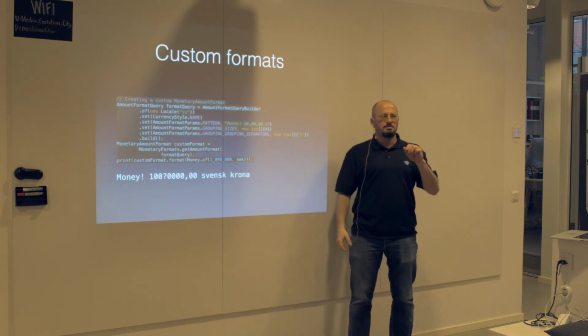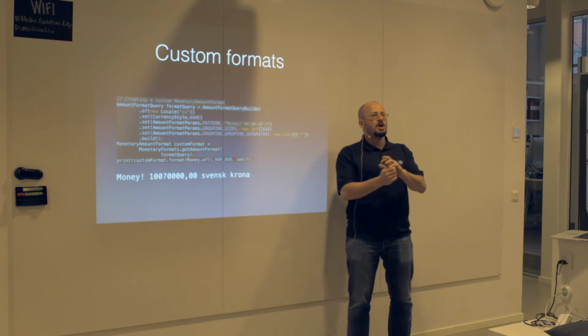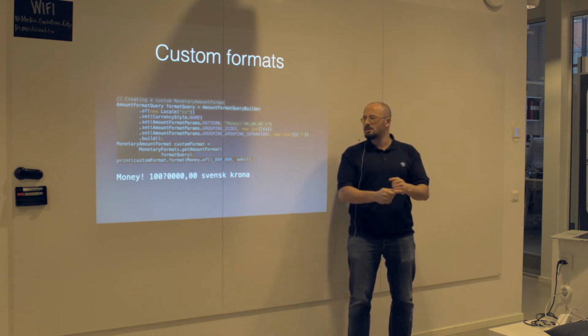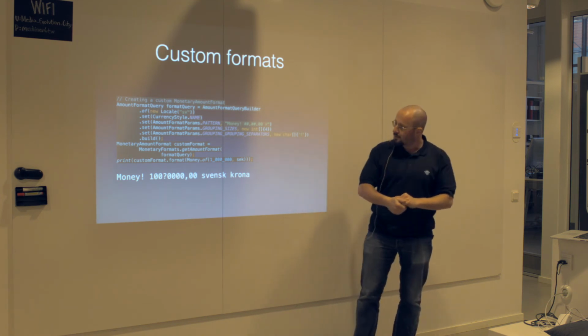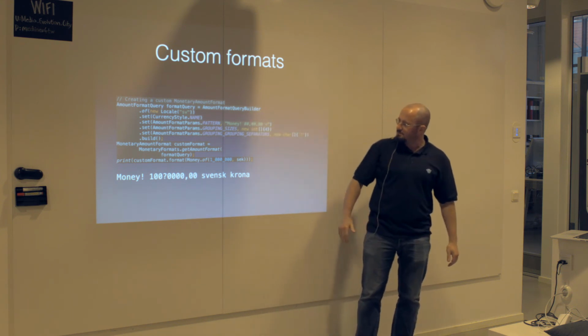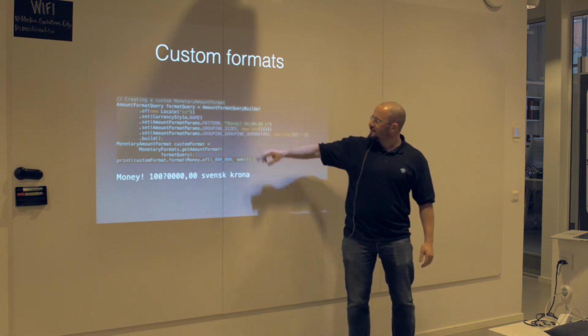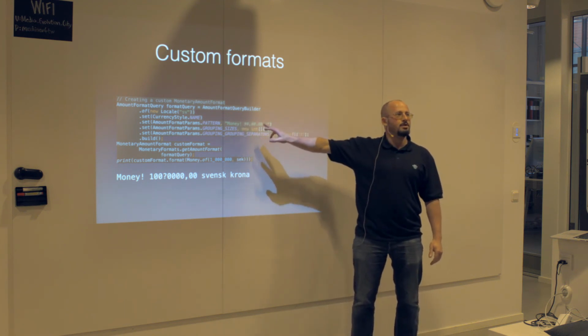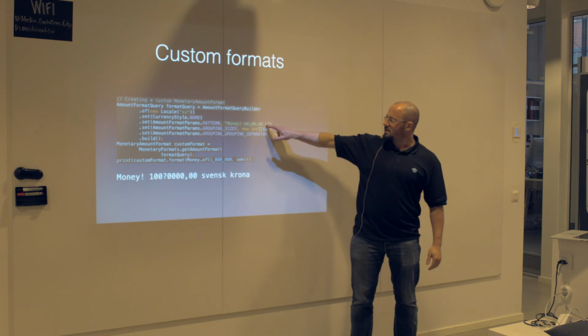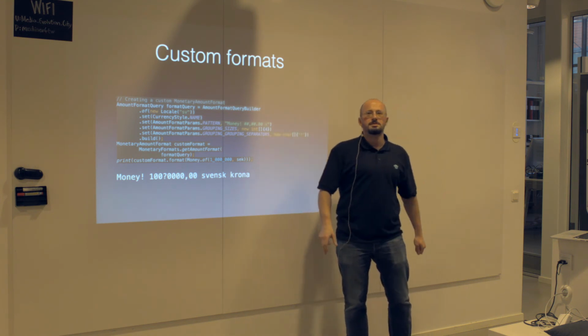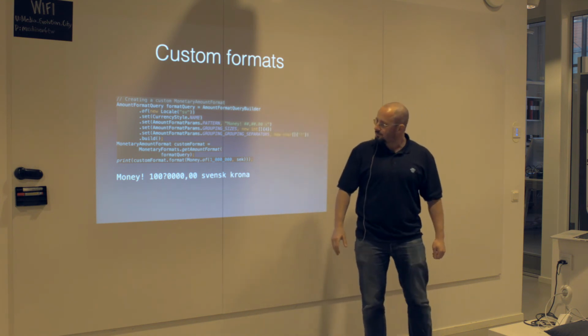I think there are 3 options. There is name, there is code, that would give us SEK, and there is something else. I can set a pattern, and my pattern has money in front. The rules are the same as for number format, and the currency sign again is the same as number format here.